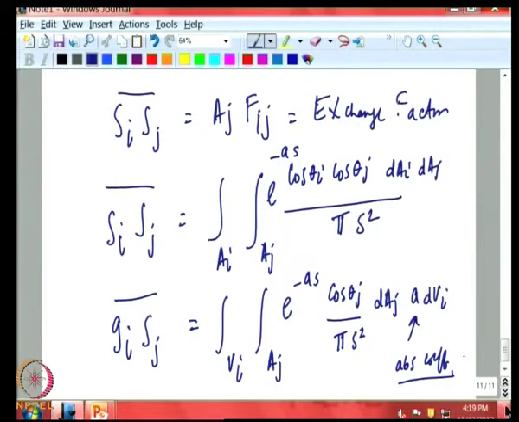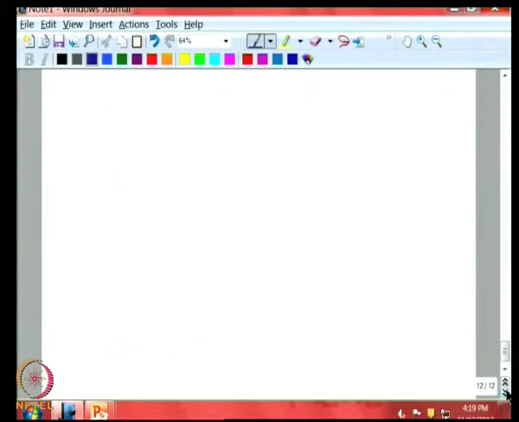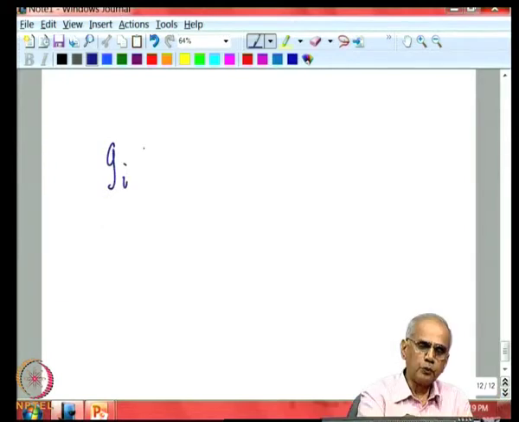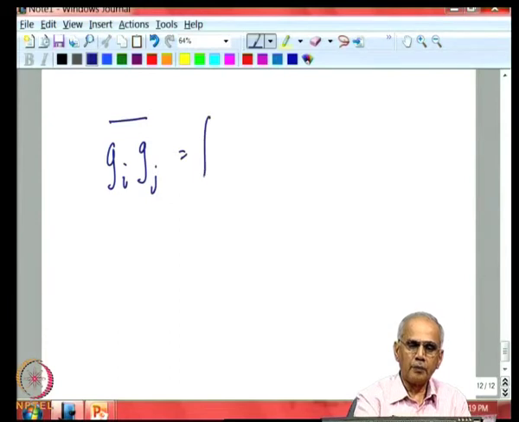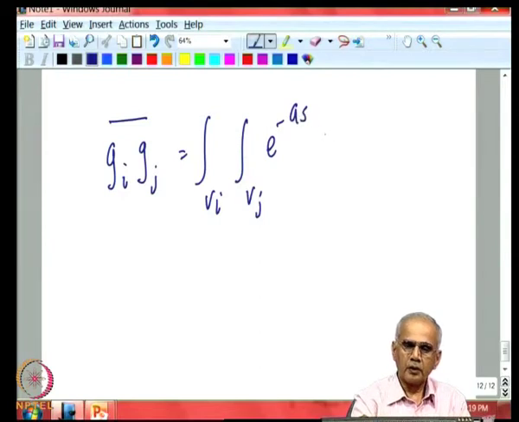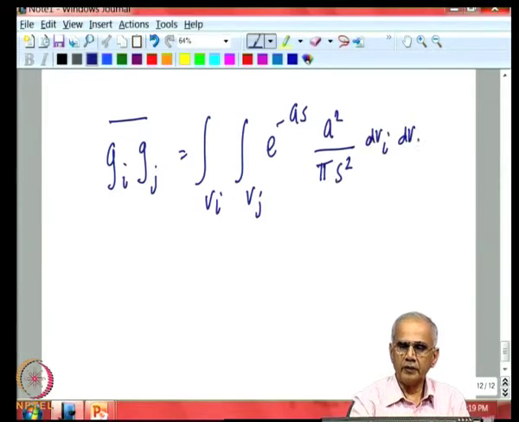Finally, we have to have another definition, which is the volume to volume radiation exchange. Here it will be integrated over 2 volumes. We will have the gas absorption term, we will have K squared by pi s squared, we have dVi dVj.